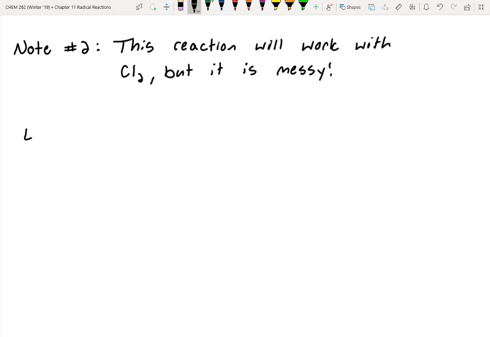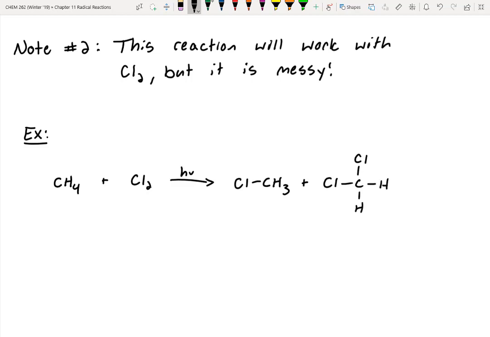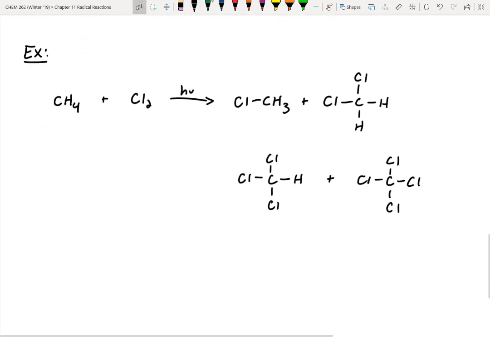So if you take something like methane and you react it with chlorine gas and UV light, you can add in 1 chlorine, you can add in 2 chlorines, you can add in 3 chlorines, or you can add in 4 chlorines. This reaction is super hard to control.